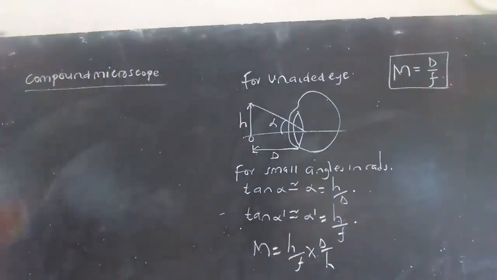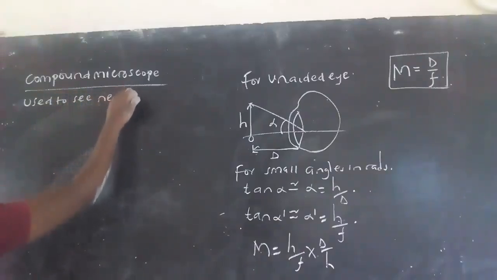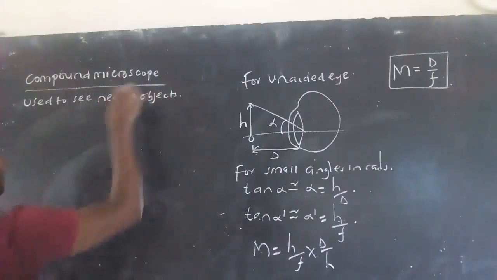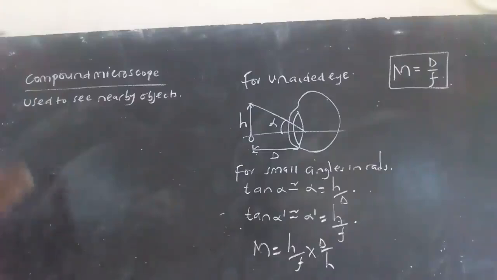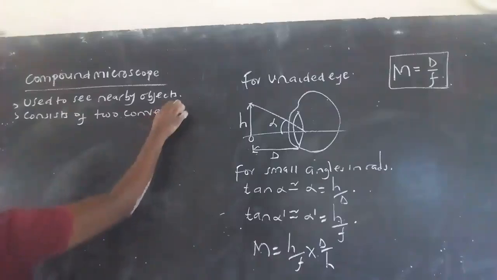We say it is used to see nearby objects. Next, it consists of two convex lenses.